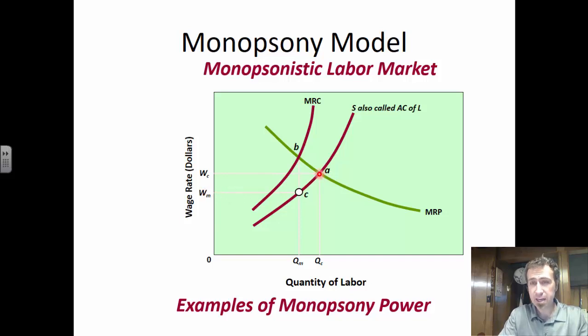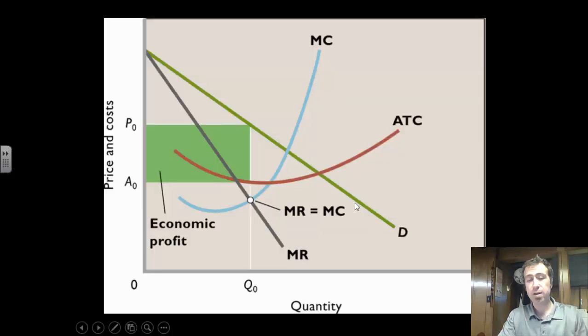Where the supply curve intersects the demand curve would be what we'd call what society wants, the allocatively efficient point. And so that's where supply intersects the demand curve, also known as the MRP curve. And so this should sound familiar to the monopoly curve, right?